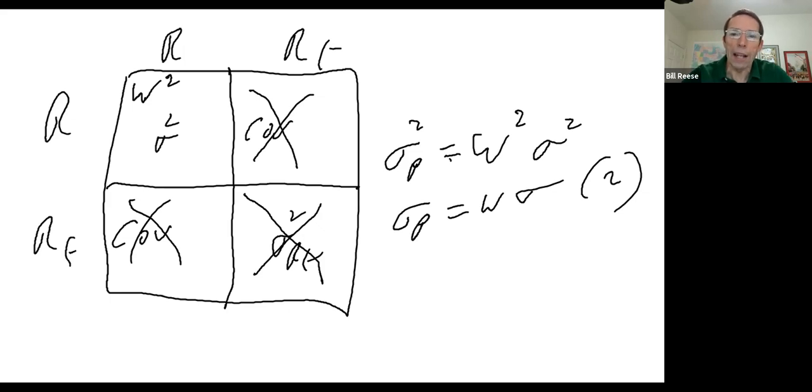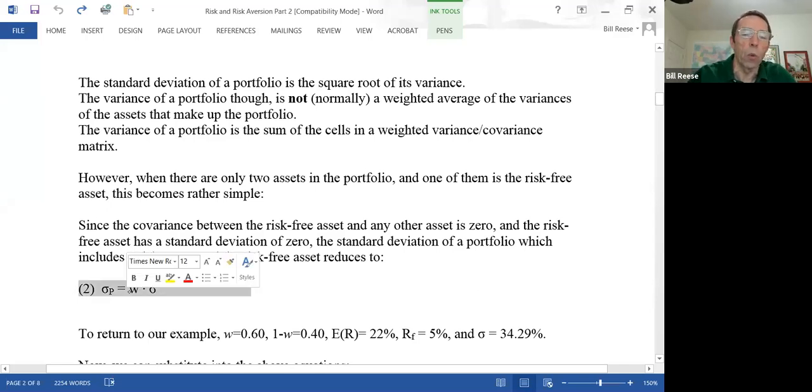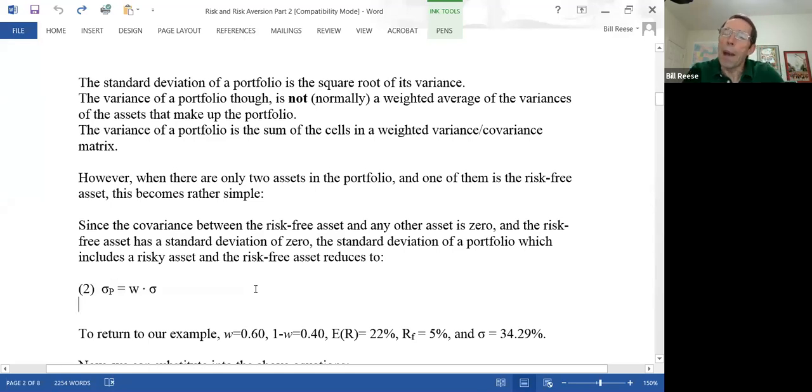So let's go back to the notes here again. Let me pull them back up. We saw that equation number 2 here is that the standard deviation of the portfolio is the weight on the risky asset times the standard deviation of the risky asset. Now, when we go back to the 2 assets that we looked at last time, remember asset number 1 was the risk-free asset, and it had a standard deviation of 0 and an expected return of 5%.